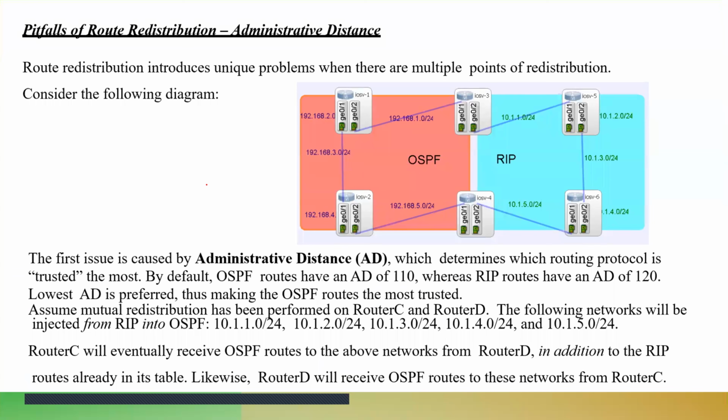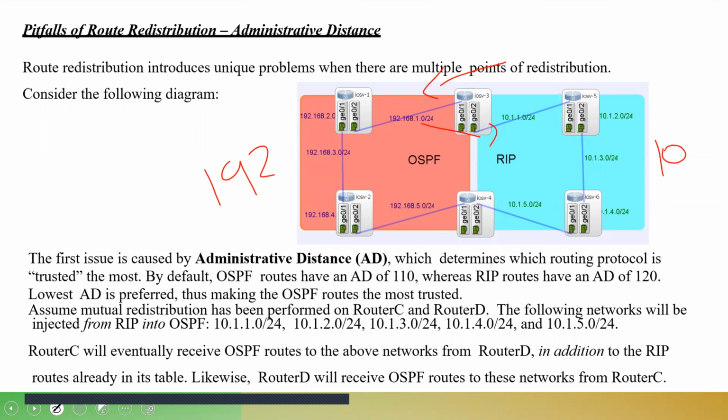In this section, I'm going to show you what problem we have if we are doing redistribution, and different protocols have different AD values. We know that lower will be selected. Now here you can see in the diagram that on one side we have the 192 network running OSPF, on the other side we have the 10 network running RIP.